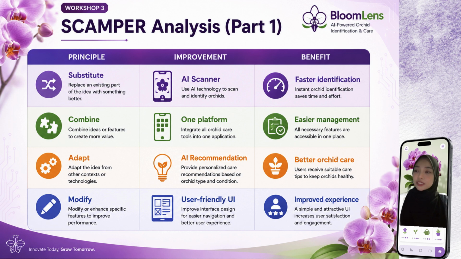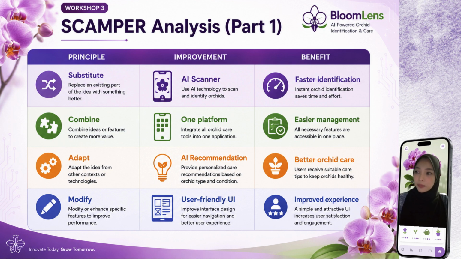Adapt. Use image recognition and a recommendation algorithm to help people identify different species of orchid and provide care recommendations. The outcome: state-of-the-art technology can be used in horticulture to provide specific recommendations.